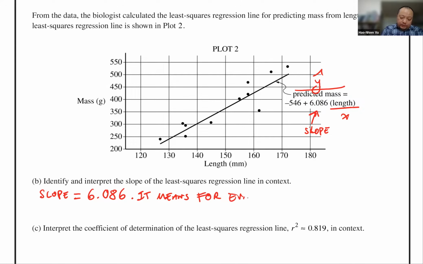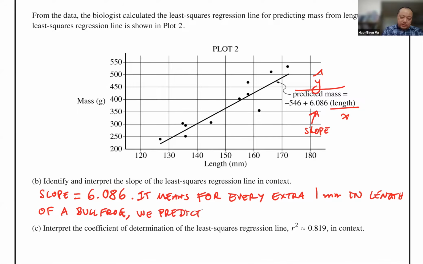It means for every extra 1 in x, we predict that y will change by the slope. Meaning it increases by 6.086 grams.